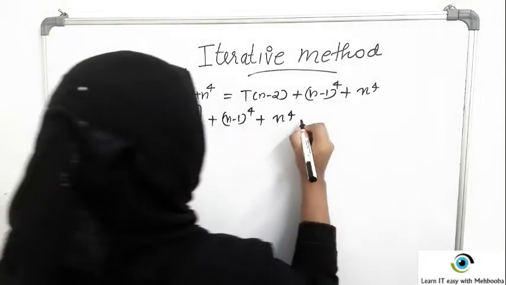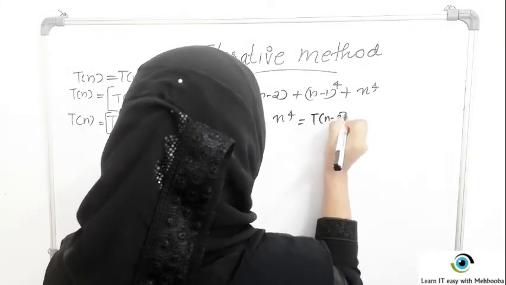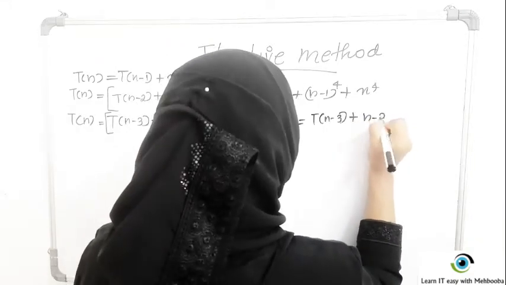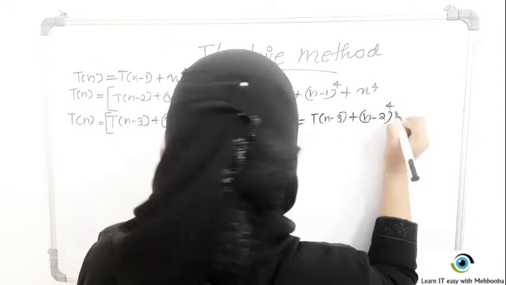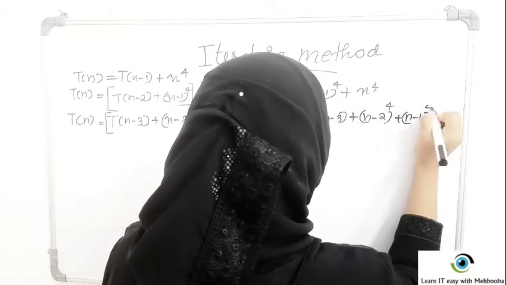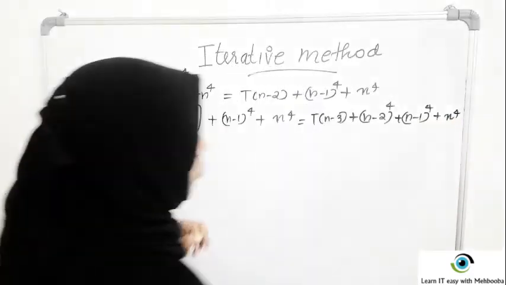So if you are writing this, you will get T of n minus 3 plus n minus 2 the whole raised to 4 plus n minus 1 the whole raised to 4 plus n the whole raised to 4. Okay.